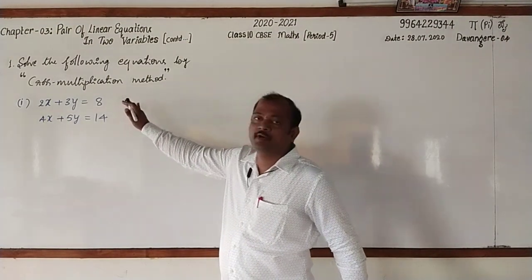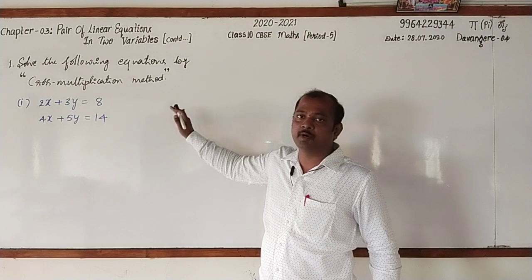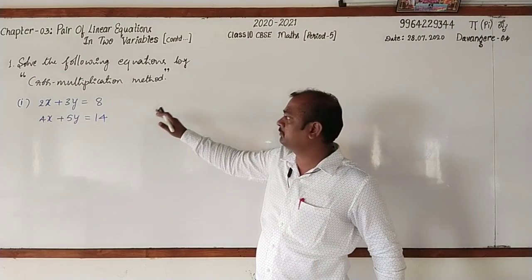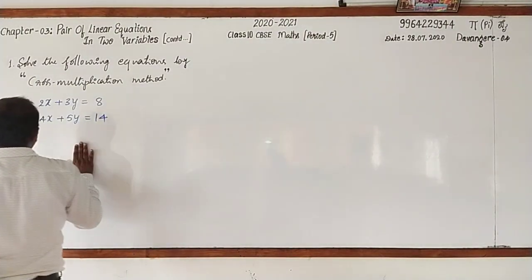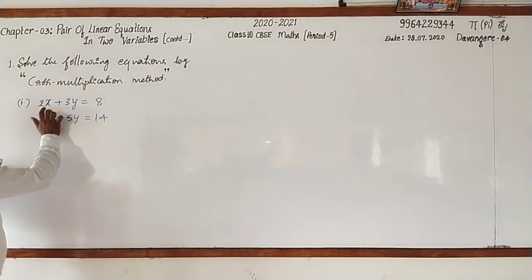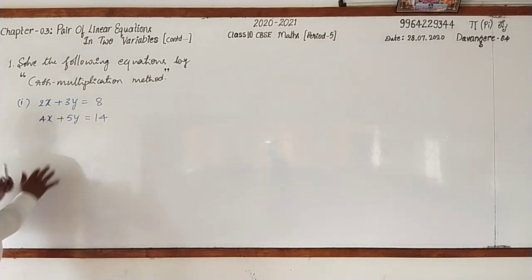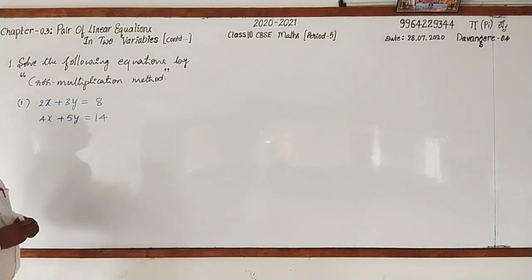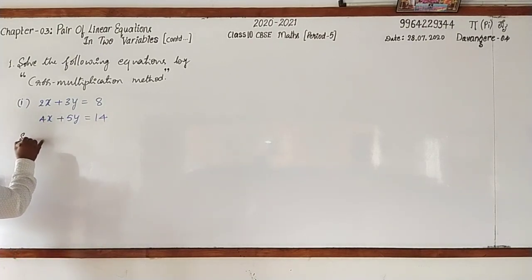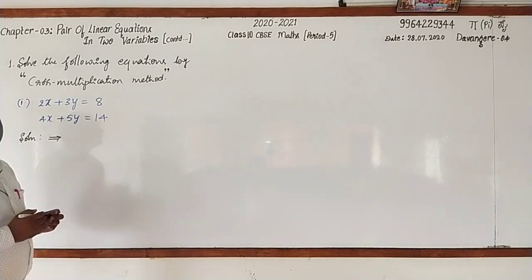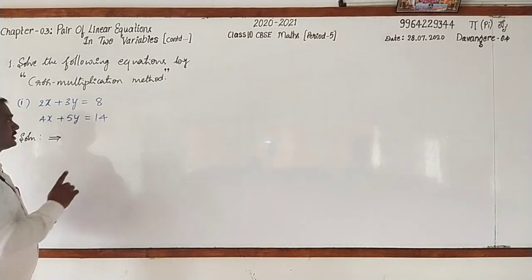Now, let's go for solving equations by the cross multiplication method. The first sub question is 2x plus 3y equal to 8, then 4x plus 5y equal to 14. How to solve this by cross multiplication method? Please follow the steps.